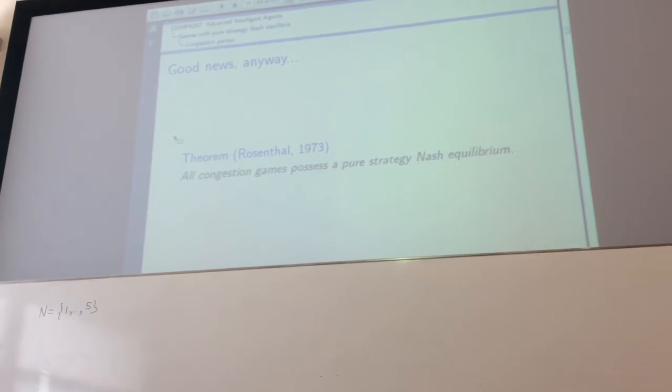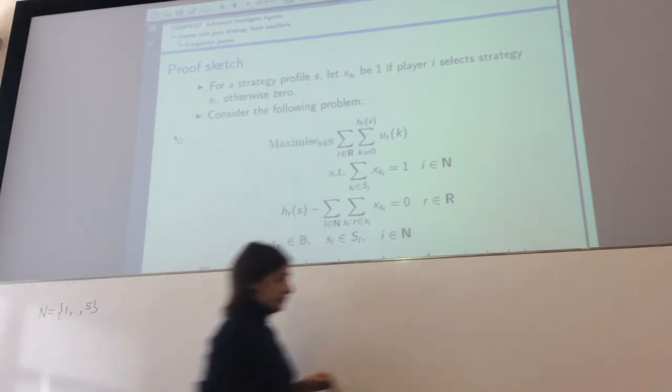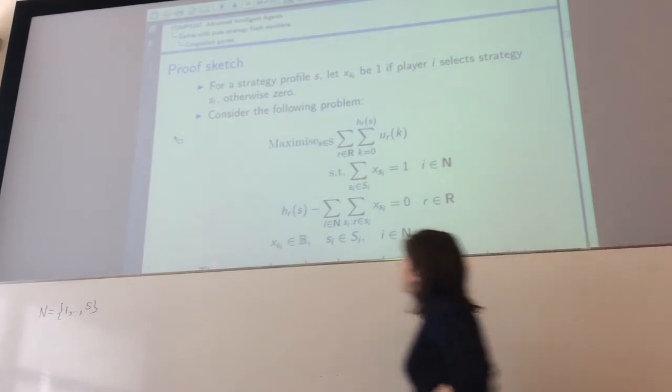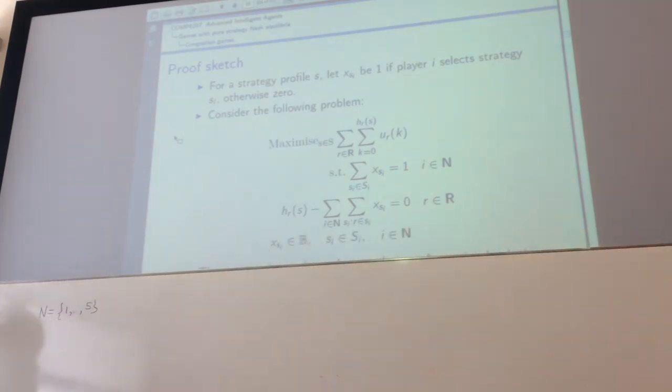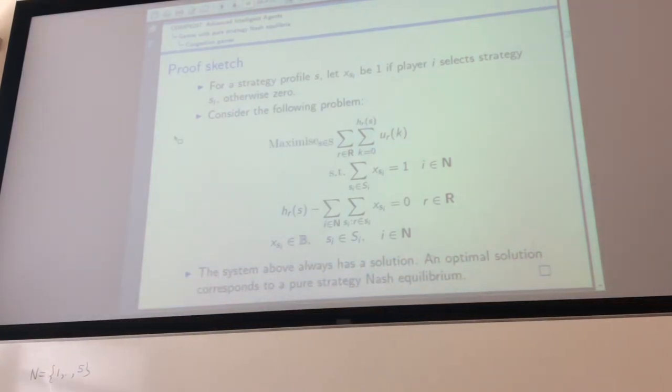In fact, we will say even more positive things about that, but let's look at how it was proven. I'm not going to give you the full proof, but just the idea. How it was proven when the model actually was just defined. It was in '73.